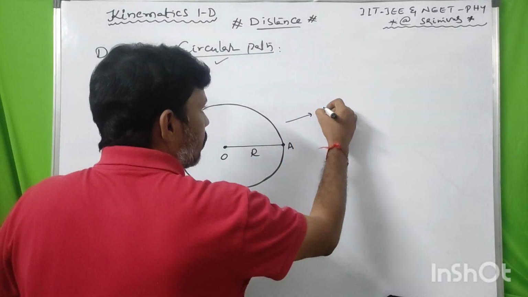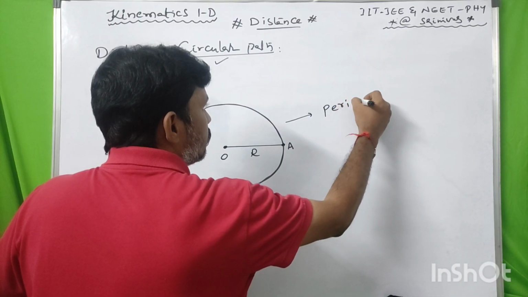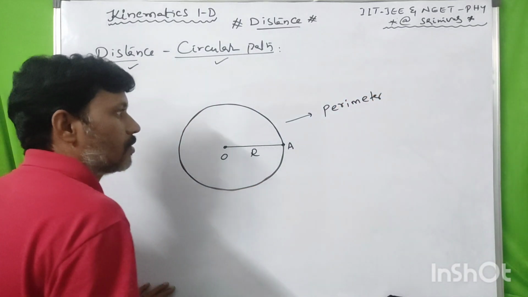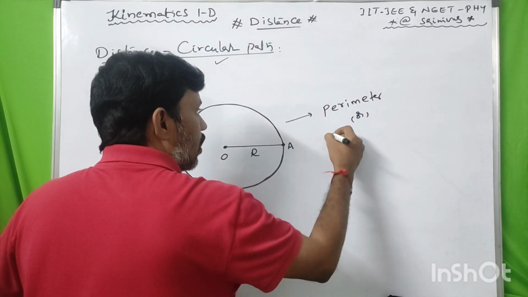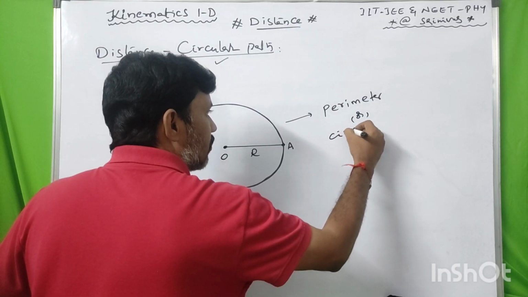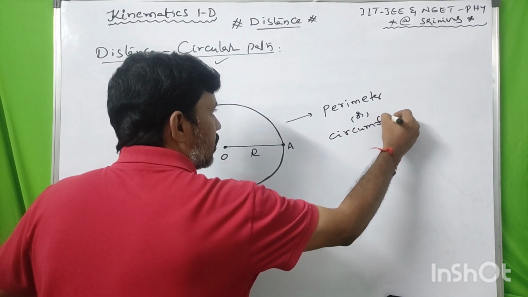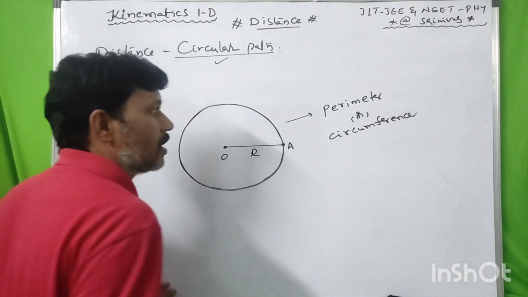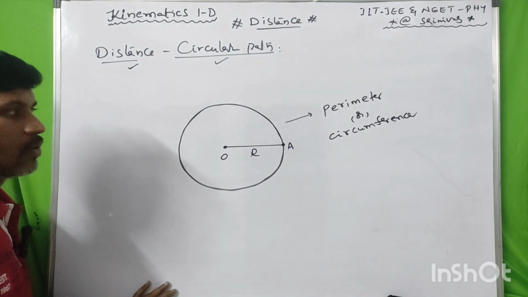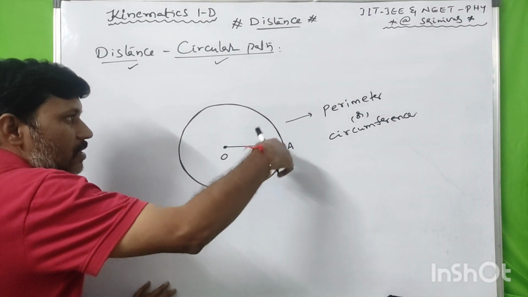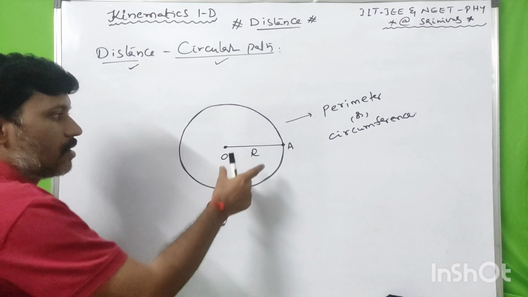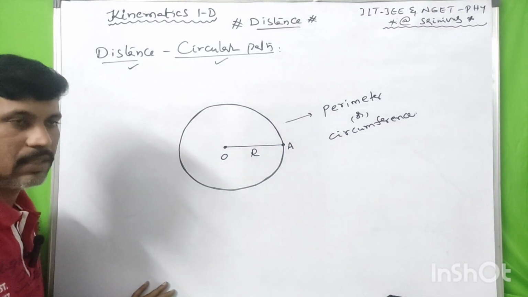We can also call it the circumference. This total length of the path is nothing but the perimeter or circumference, and this is the radius. These are the two terms.